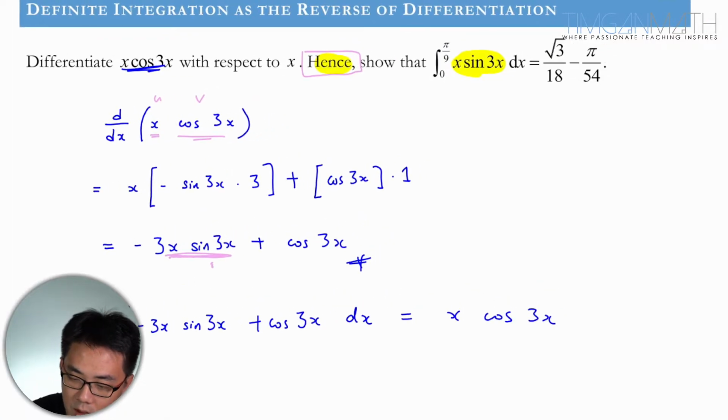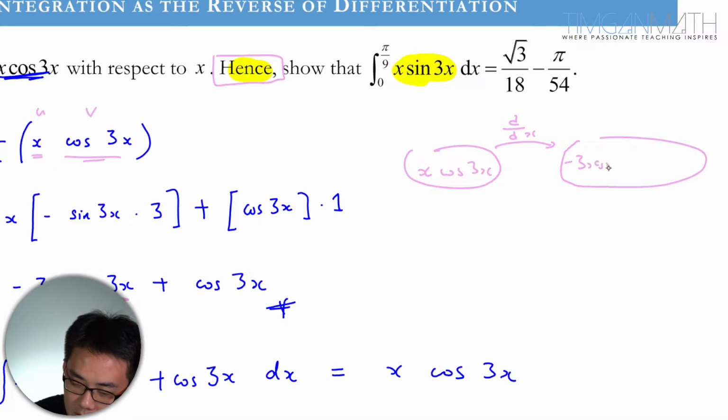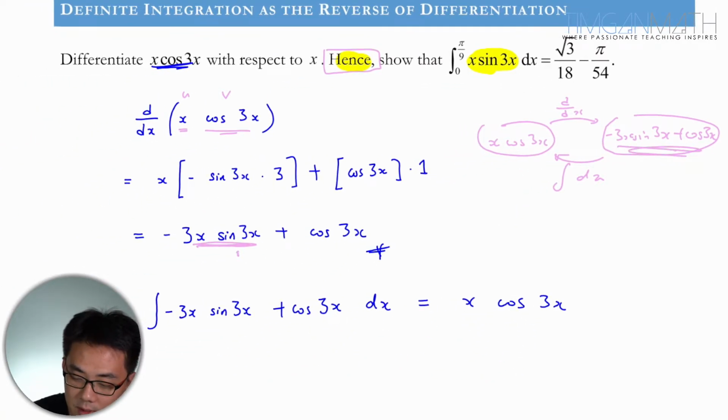I repeat, when you take x cosine 3x and differentiate it, you get negative 3x sine 3x plus cosine 3x. Meaning the path of going back is integrating this expression, and you get back x cosine 3x.